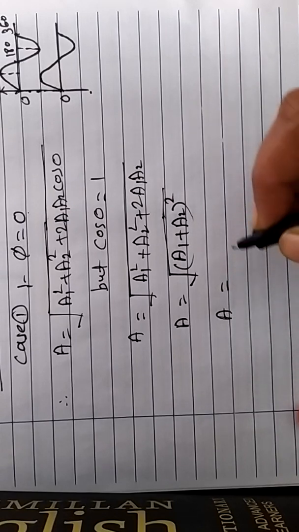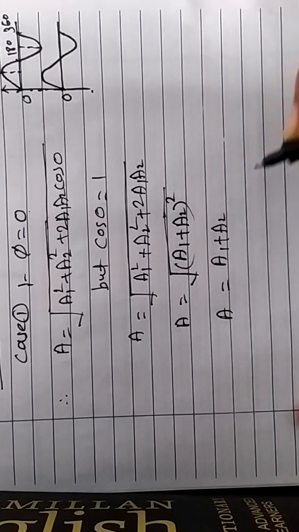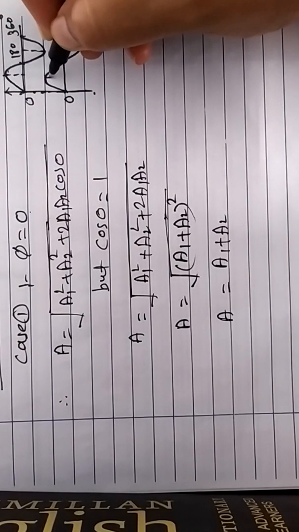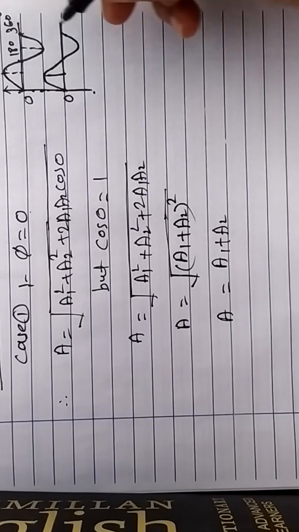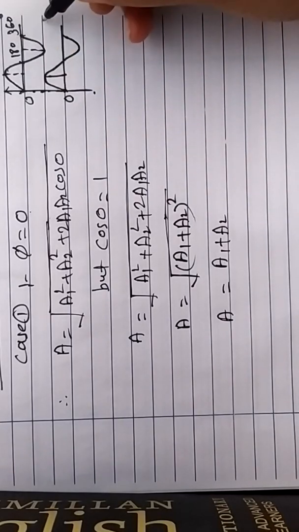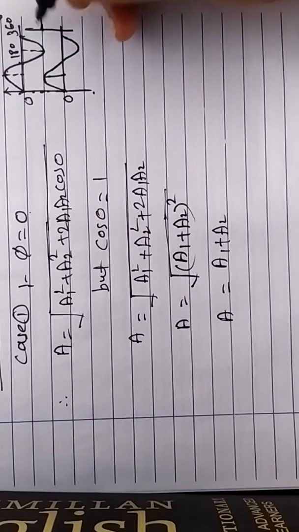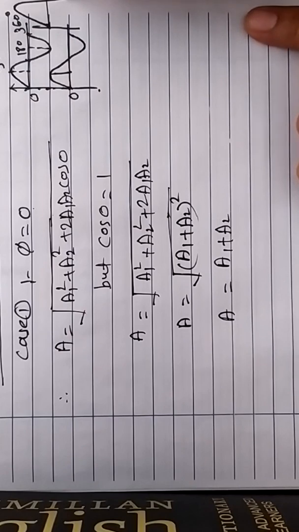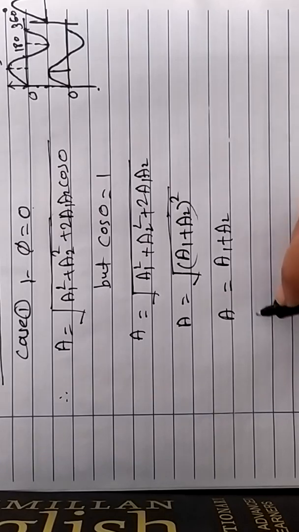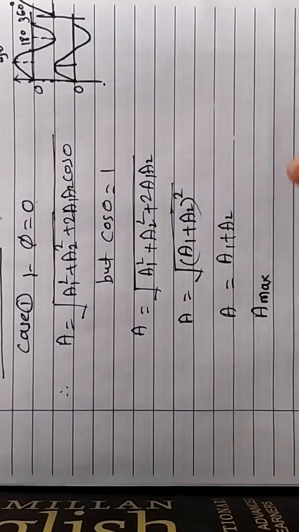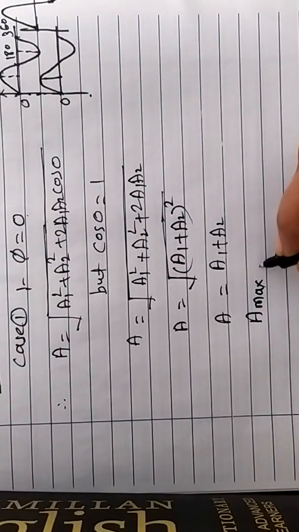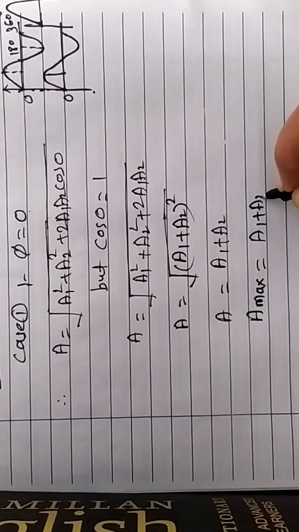Therefore, the resultant amplitude is A1 plus A2, the sum of the amplitudes of the two waves. The resultant amplitude is maximum when the phase difference is 0: A max is equal to A1 plus A2.